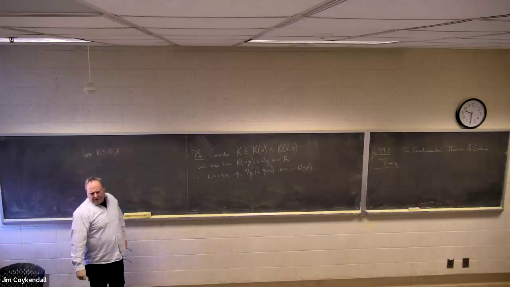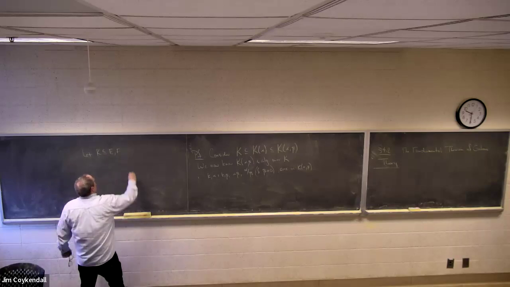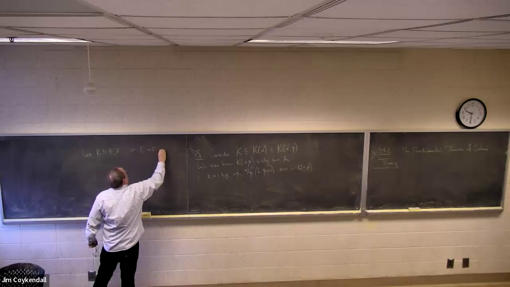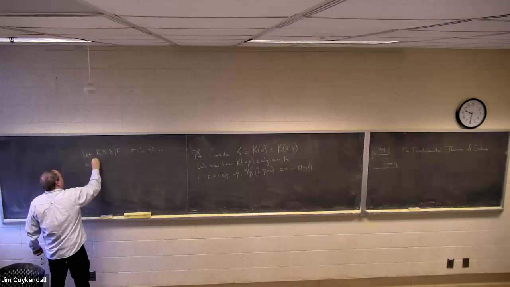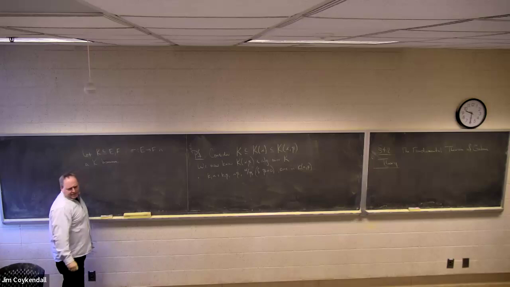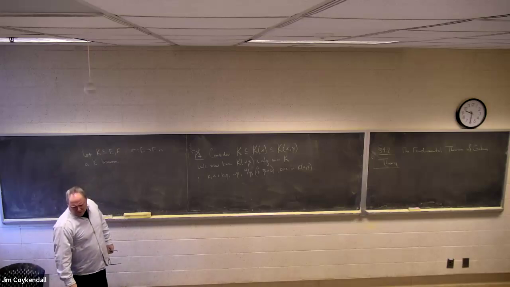Let E and F be field extensions of K. Between these two field extensions we will call sigma a K-homomorphism if sigma is a K-module homomorphism and a field homomorphism.